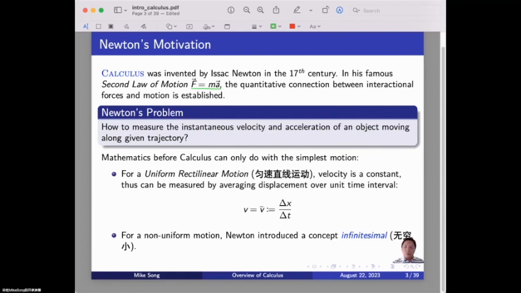In such a motion, velocity is a constant, both in direction and in magnitude. So one can substitute it by the average velocity v bar. But how to deal with a non-uniform motion? Newton introduced an ingenious concept called infinitesimal, 无穷小.